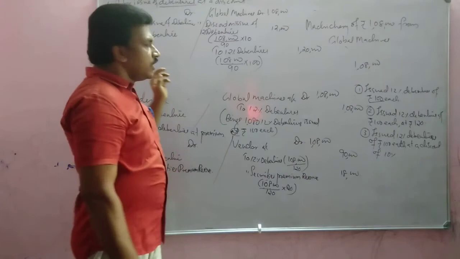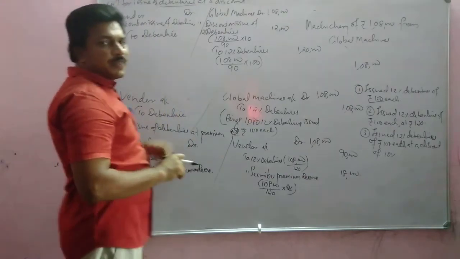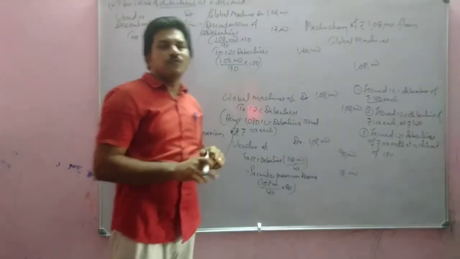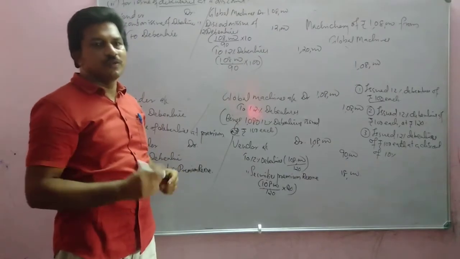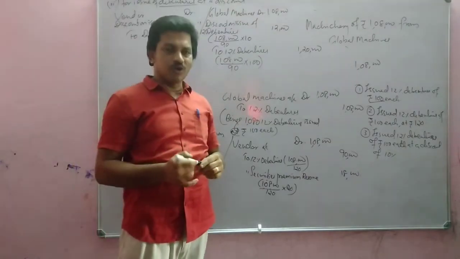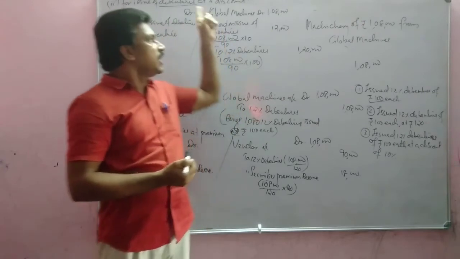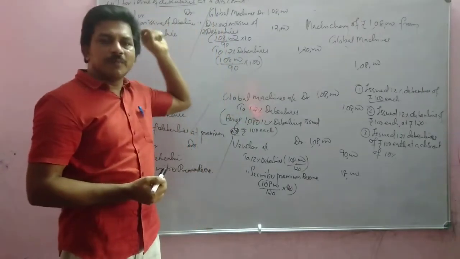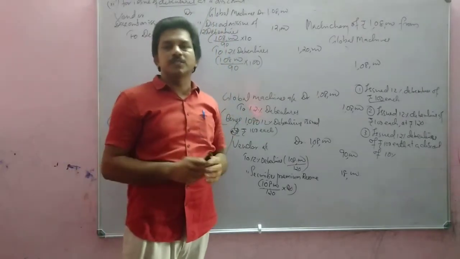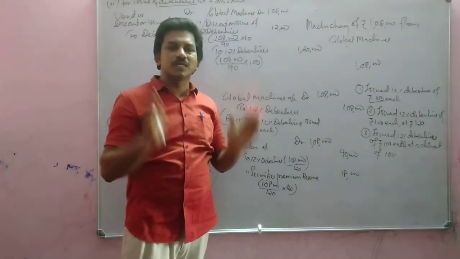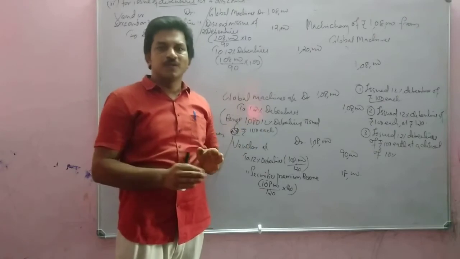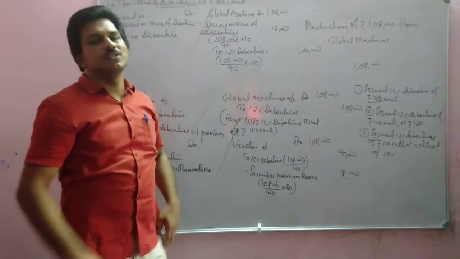Now, see here we have to see what is the way of treating discount. Discount on issue of debentures is there. What the company has to do is that, as per Accounting Standard 26, discount on issue of debentures must be written off during the period of these debentures.